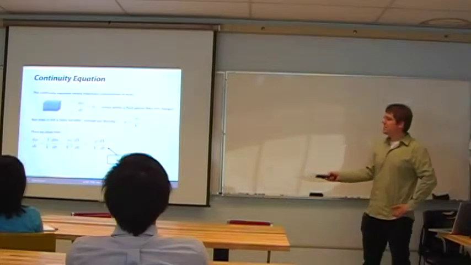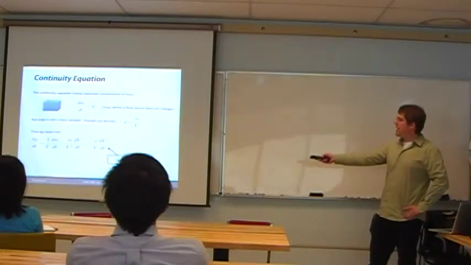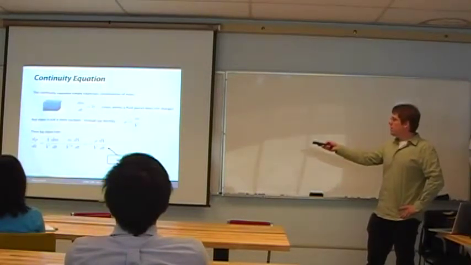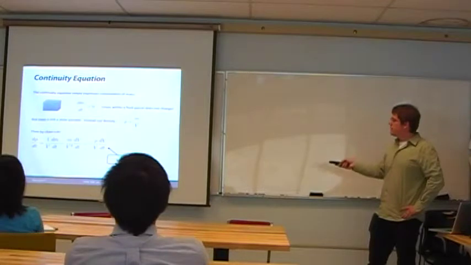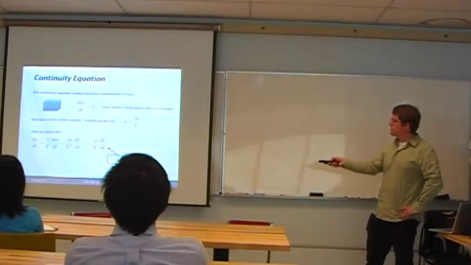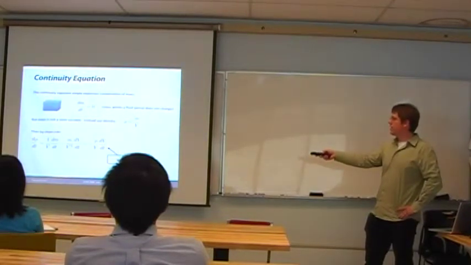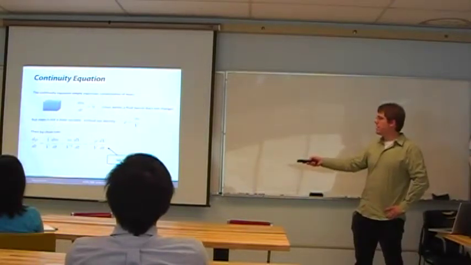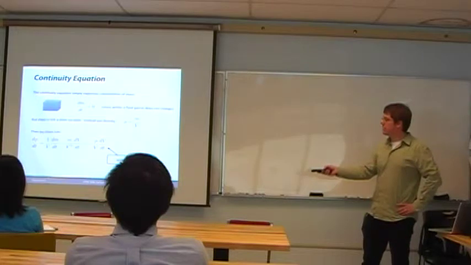And this can be obtained simply by chain rule. So if we take the mass as rho times the volume, then we apply the chain rule to the expression for density, which is equal to mass divided by the volume. We can then expand it, and we get an expression which looks like this.